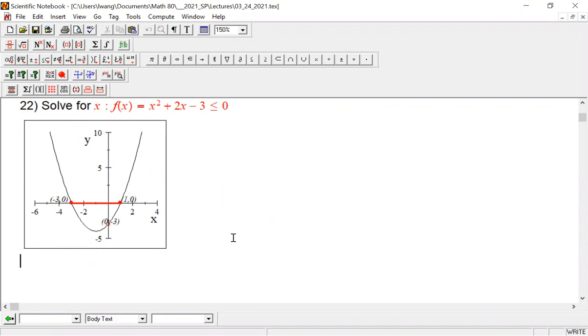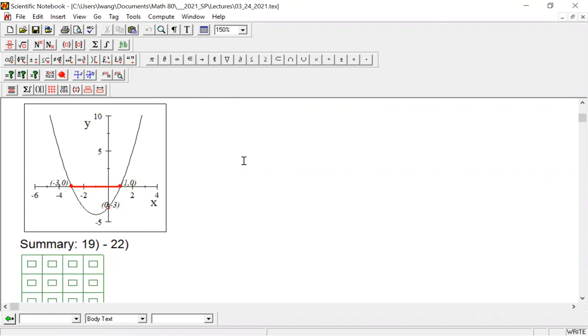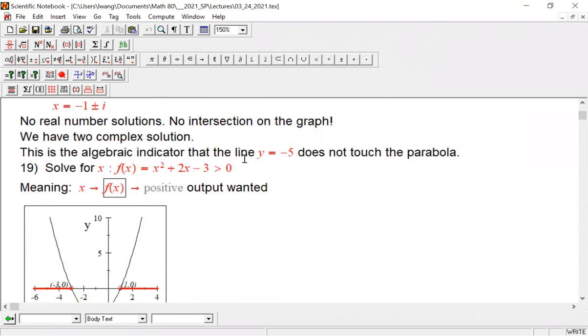Okay, so let's summarize. Summary, which is from number 19 through number 22, and then we take a break. These four cases. So I'm going to make 4 columns. So what are these cases?